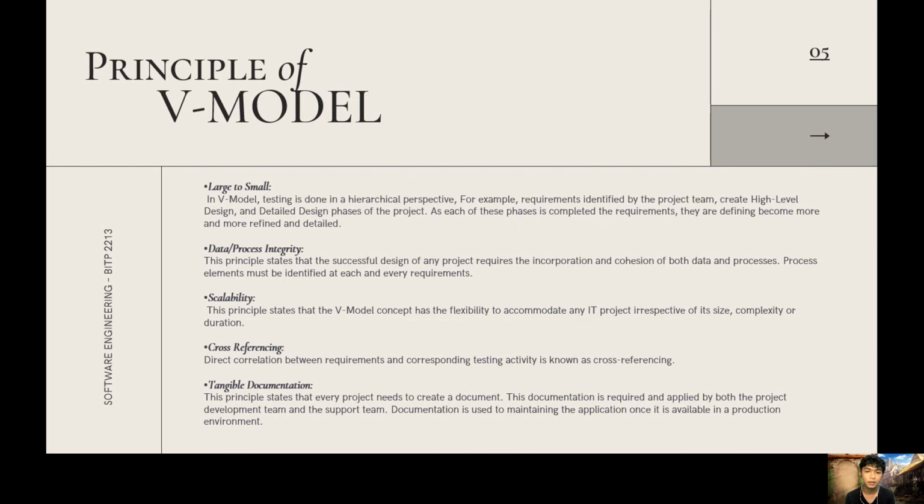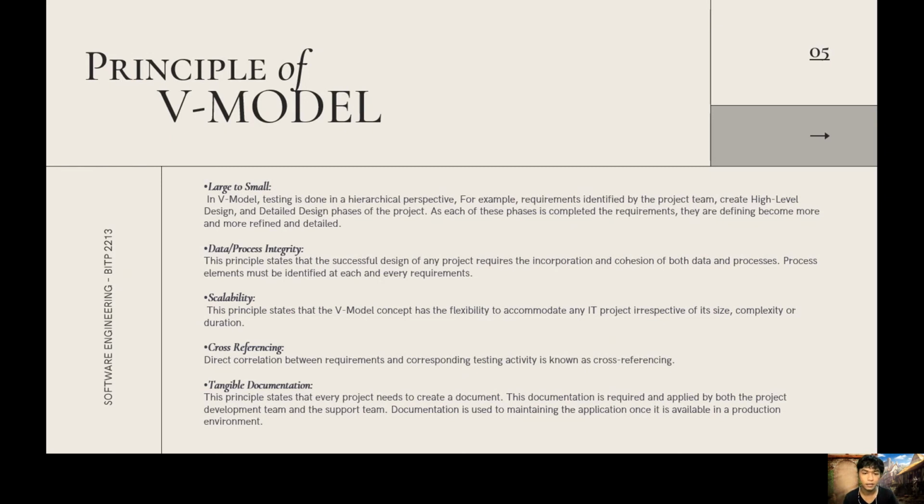This principle states that the V model concept has the flexibility to accommodate any IT project irrespective of its size, complexity, or duration. While cross-referencing, direct correlation between requirement and corresponding testing activity is known as cross-referencing.